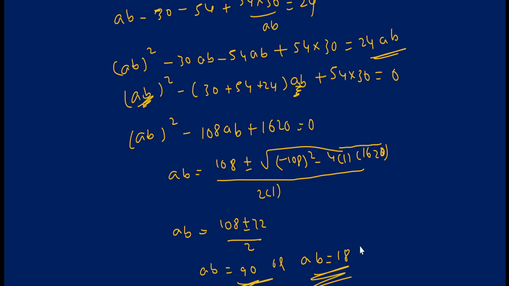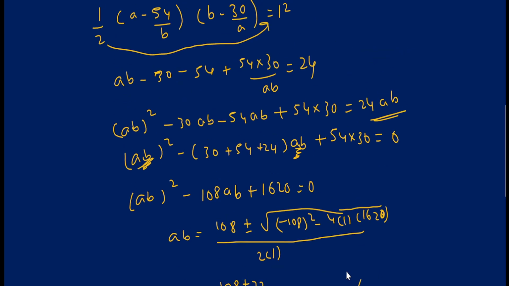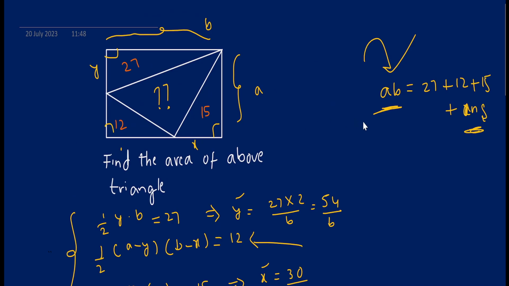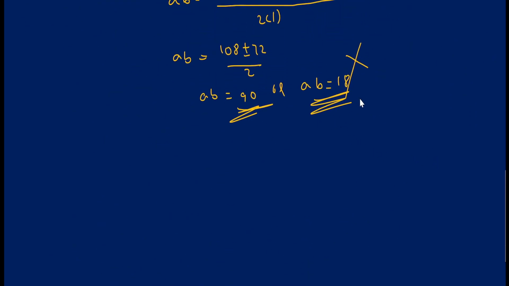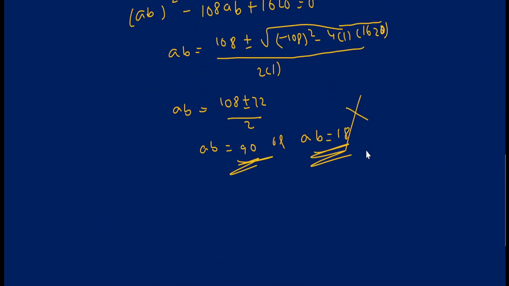But I will say one is invalid. Can you guess why? Because if you substitute AB as 18 here, you will get the answer as negative. But by the fundamental principle, area cannot be negative. So AB equal to 18 is actually an invalid number.